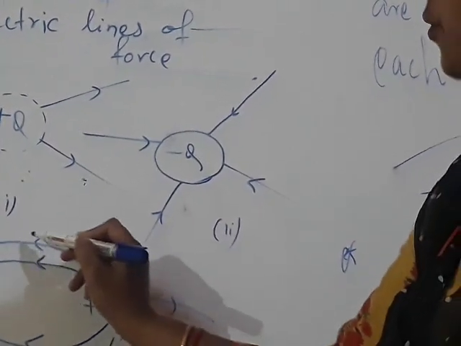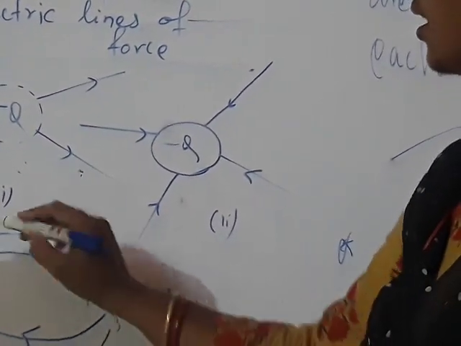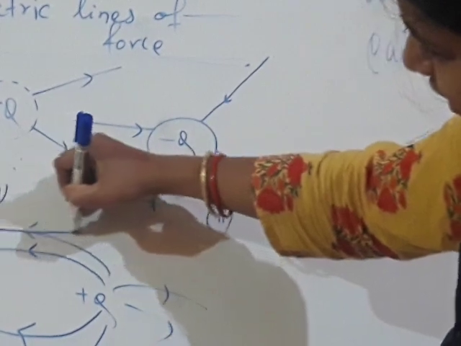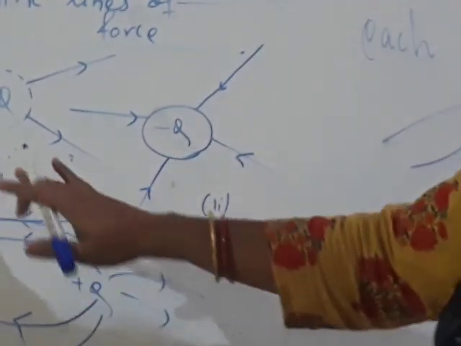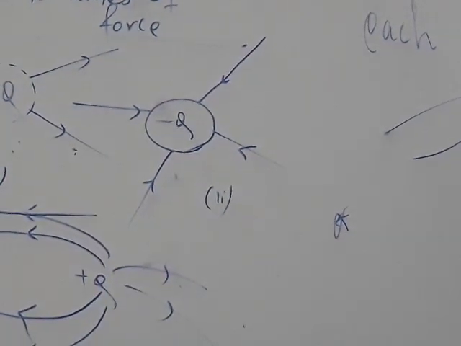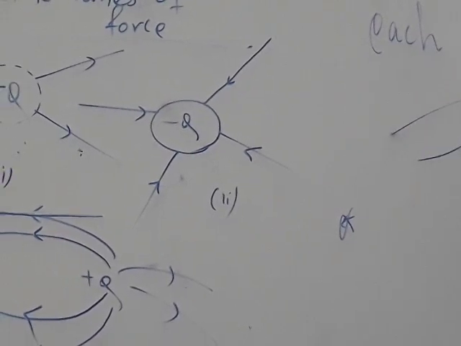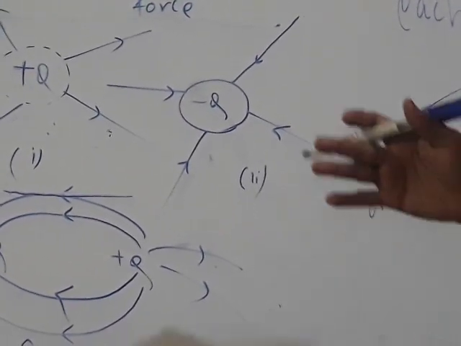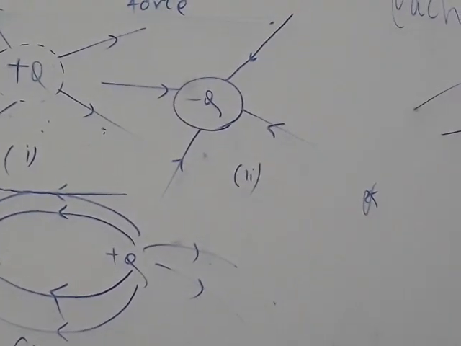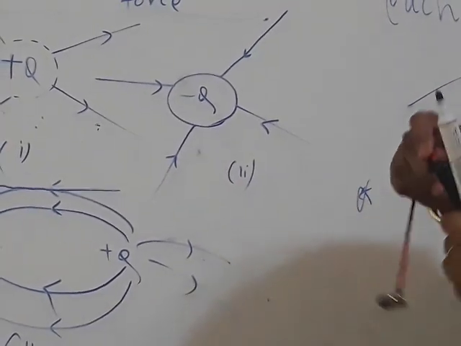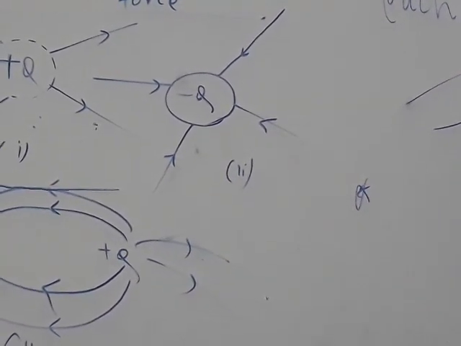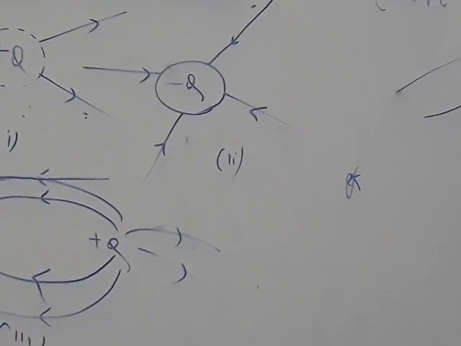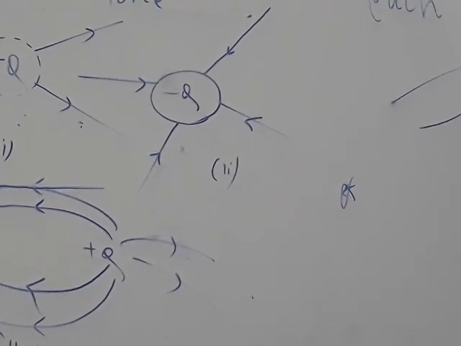If we plot a tangent here, the tangent will give the direction of the electric field intensity, and the number of lines of force gives the strength of the electric field.